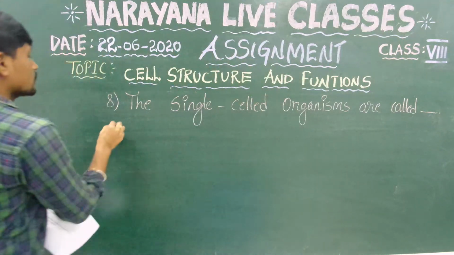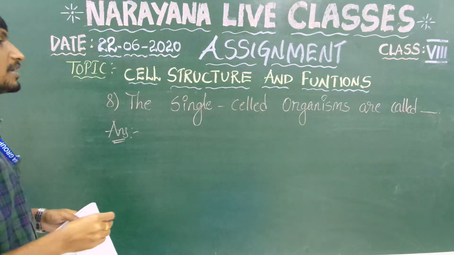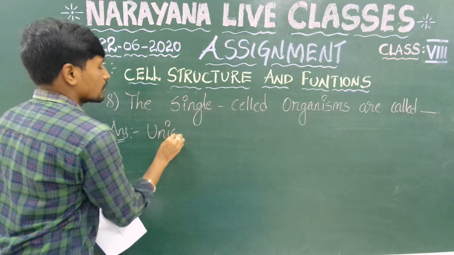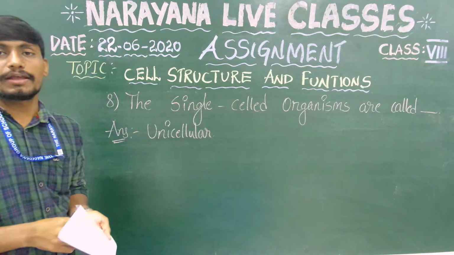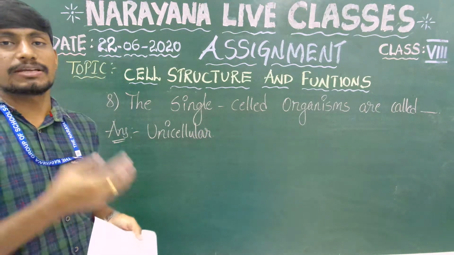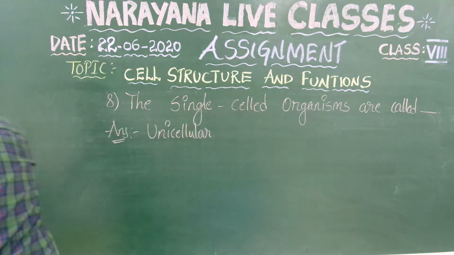Here the answer is, as we discussed in the first assignment, single cell organisms are called unicellular organisms. Amoeba and paramecium are the best examples of unicellular organisms.